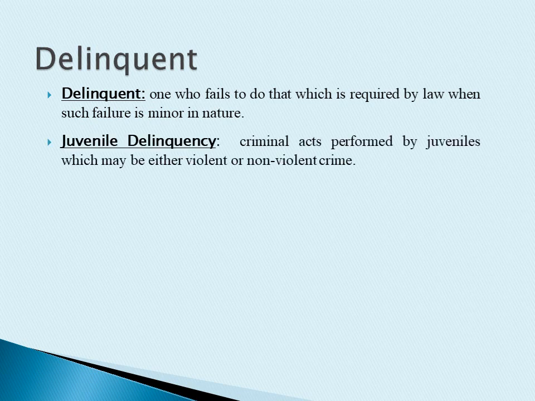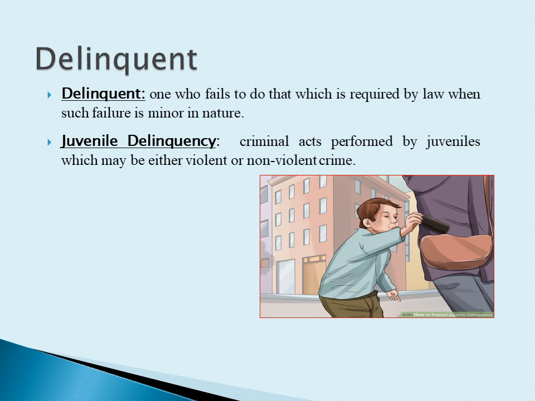Juvenile delinquency refers to criminal acts performed by juveniles. The act may be either violent or non-violent crime like stealing wallets or mobile phones, but it should be committed by persons who are usually under the age of 18 and are still considered to be a minor.